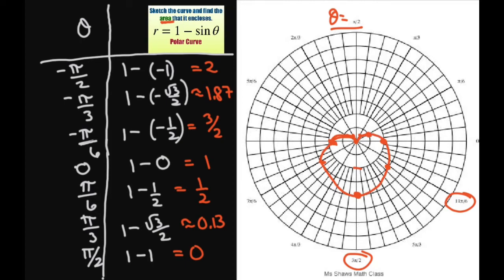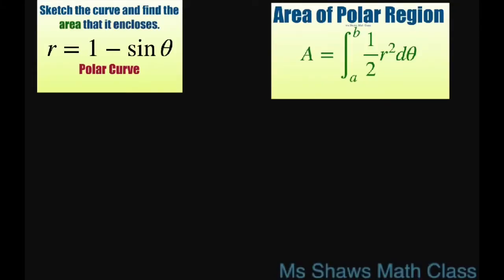So basically the idea of this is to find the area enclosed, which means this area. Now to graph this, we had to use everything from 0 all the way around to 2 pi. So that's going to be our integration part.